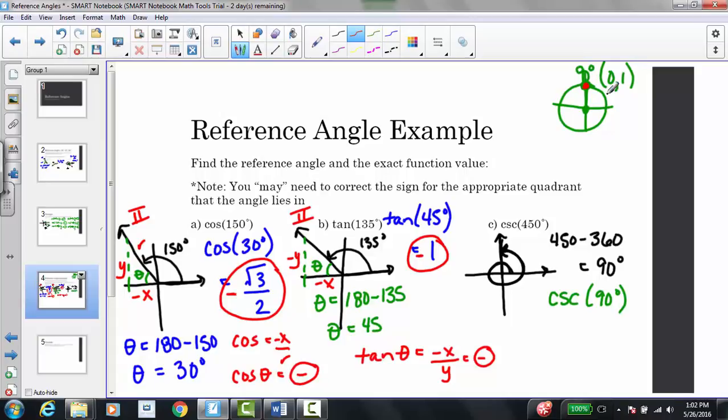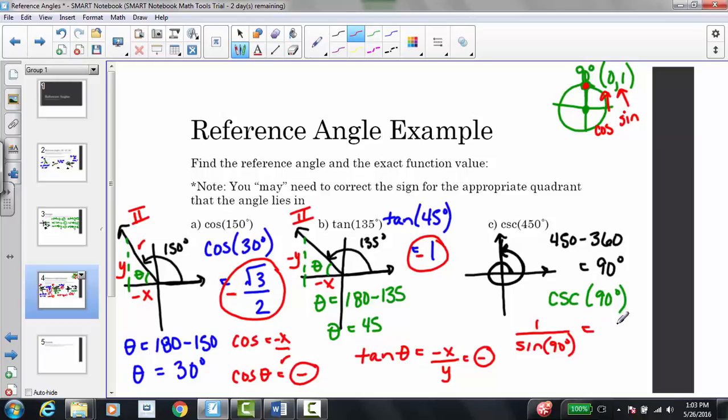And if you remember, the x value is my cosine and the y value is my sine. But this says cosecant of 90 degrees. So I can rewrite that as its reciprocal: 1 over the sine of 90 degrees is still going to equal the cosecant of 90 degrees, because those two trigonometric functions are reciprocals of each other.